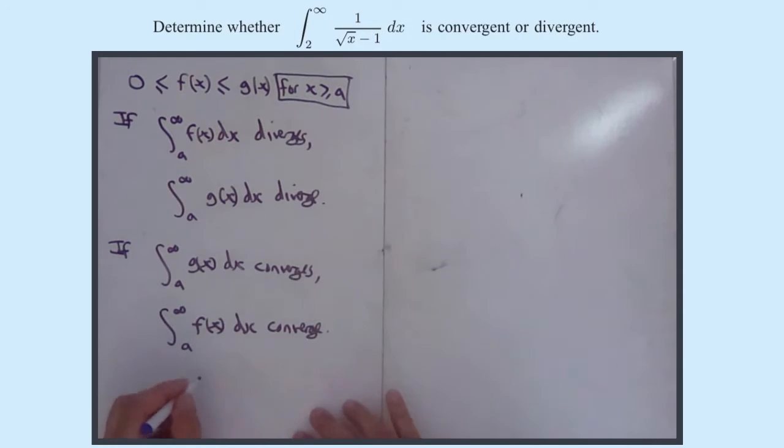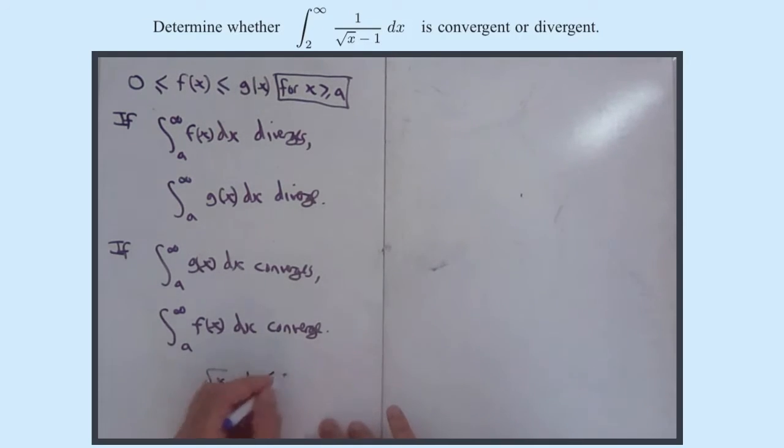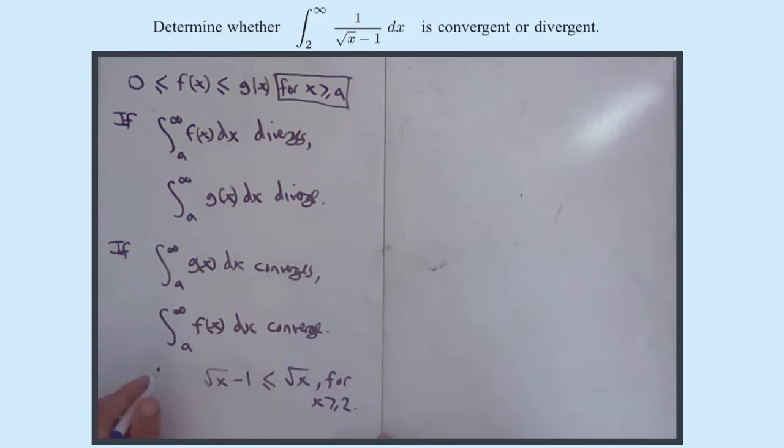So the square root of x minus 1 is less than or equal to the square root of x for all x greater than or equal to 2, and also because the square root of 2 is about 1.4, the square root of 2 minus 1 will also be positive, so that's a good start.